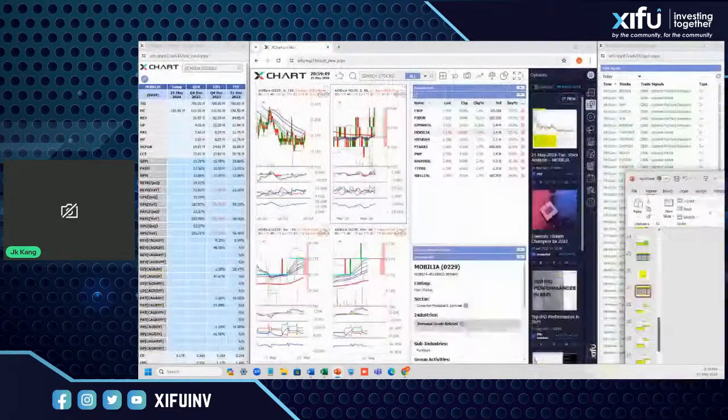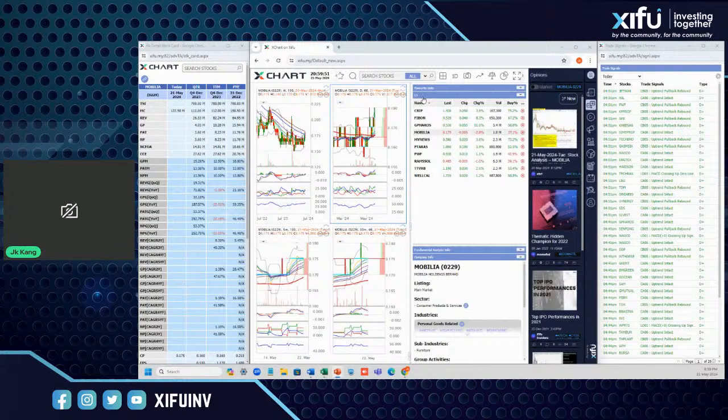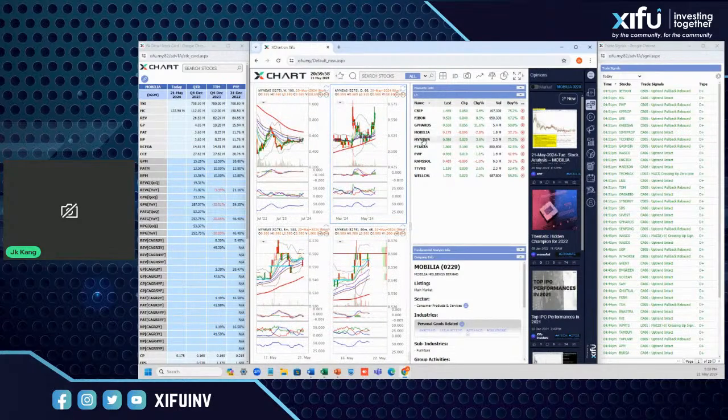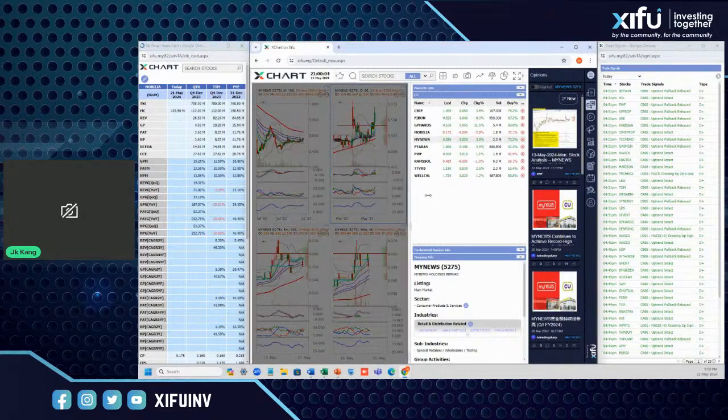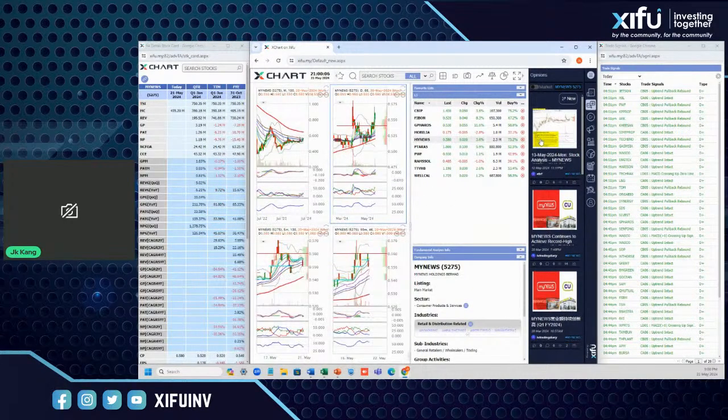This list here is the latest that we have analyzed, for example Mobileye and the My News. These are all potentials for us to trade, which we publish inside the opinions.